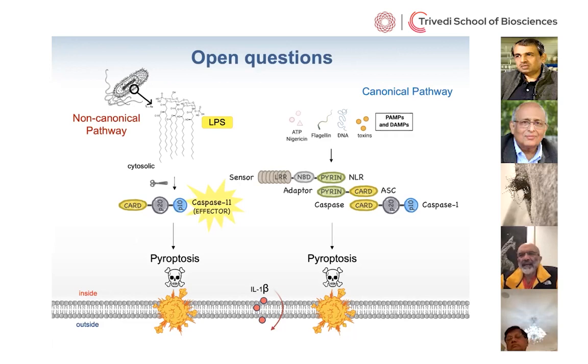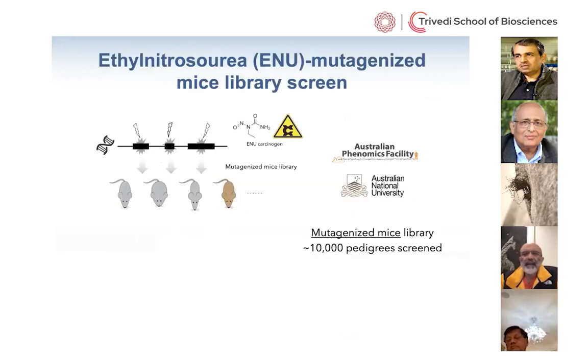So how was that happening? Now, in order to do that, we undertook a forward genetic screen using ENU mutagenized mice. I won't go over the details because this is published. It's an ongoing screen. We've screened over 10,000 pedigrees.